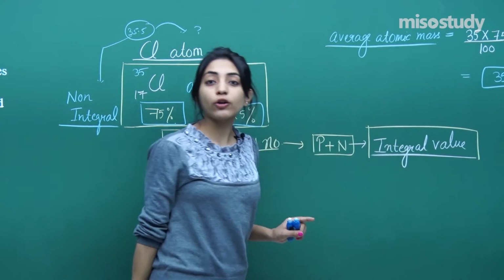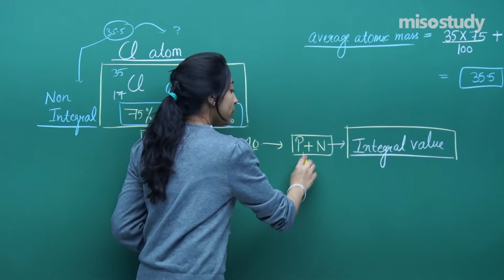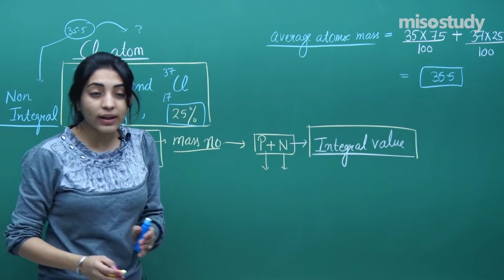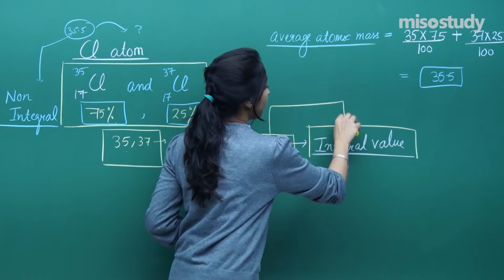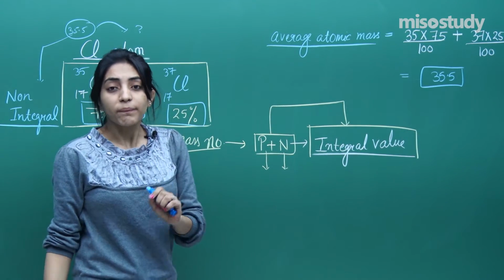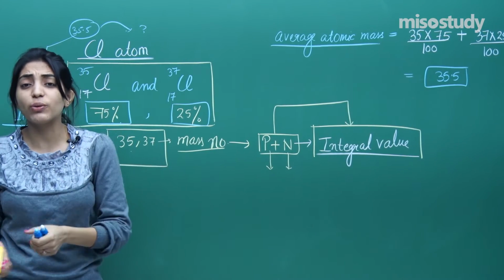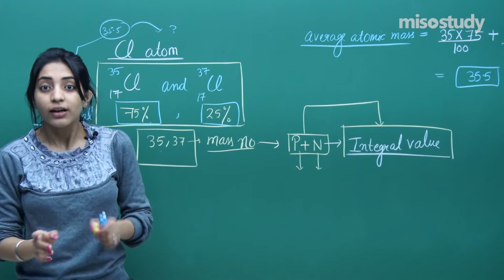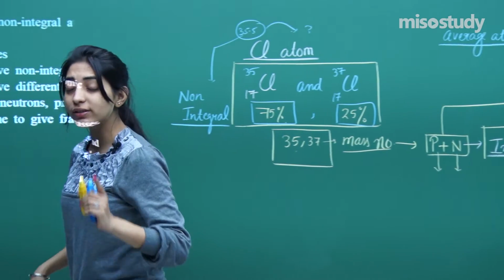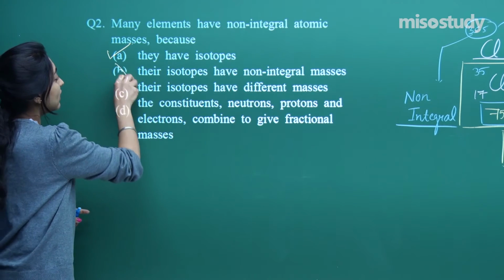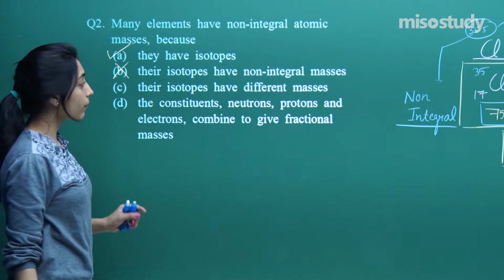Because even if you are talking about isotopes, they must be having some number of protons and some number of neutrons. You sum them together and then only you will get some integral value. Because proton will be an integral number. There can be 2 protons, 3 protons, 20 protons, but there won't ever be 20.1 protons. Right? So the number of protons plus neutrons together will come out to be an integral value. So this option B is wrong.